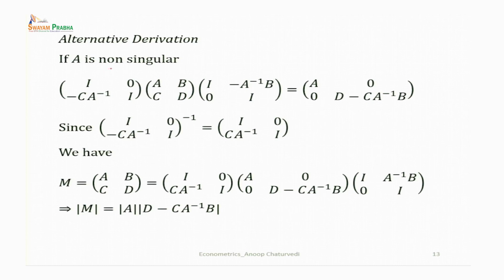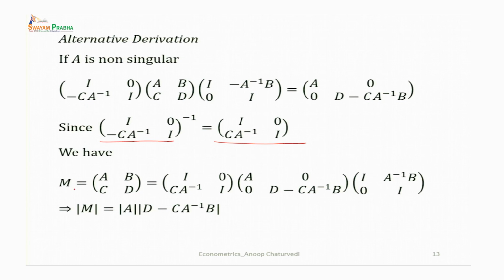So, if A is non-singular, then we pre-multiply A, B, C, D by this matrix I, 0, minus C A inverse, I, and post multiply by I, minus A inverse B, 0, I, and then we obtain the matrix A, 0, 0, D minus C A inverse B. Again, you can easily verify that if you take inverse of this matrix, then you get this matrix. In fact, if you multiply these two matrices, then you get the identity matrix. So, the inverse of this matrix is this matrix.